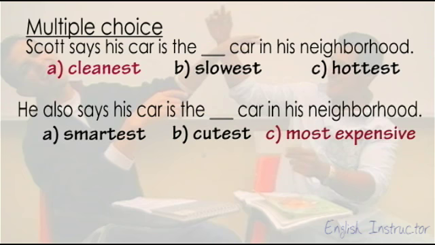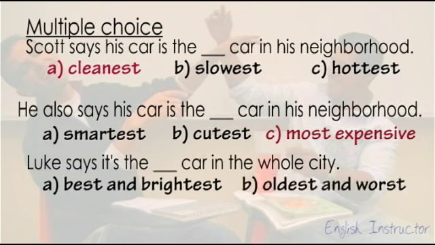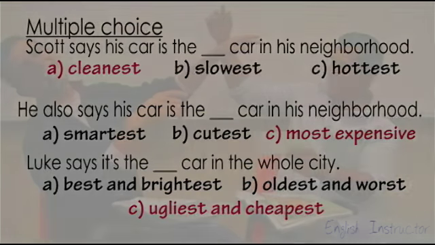C. the most expensive car in his neighborhood. Luke says it's the A. the best and the brightest car in the whole city, B. the oldest and the worst car in the whole city, C. the ugliest and the cheapest car in the whole city. C. the ugliest and cheapest car in the whole city.